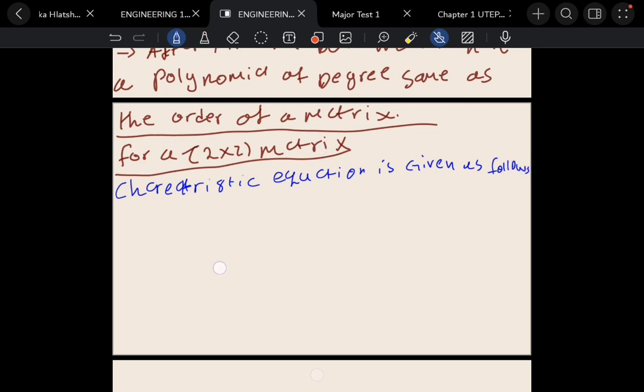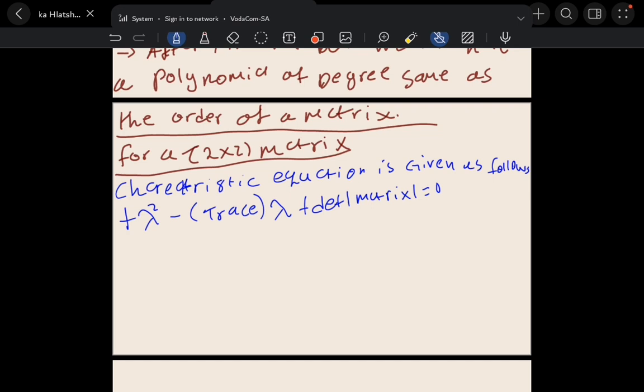It's always going to start with a positive lambda squared minus the trace times lambda plus the determinant of the matrix that you are trying to find the eigenvalues for. This is always the case, right?